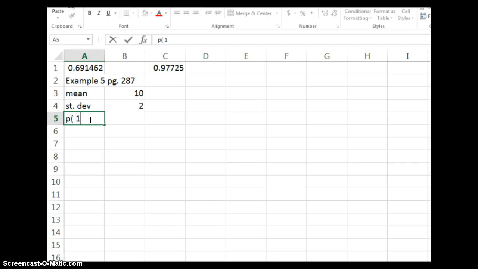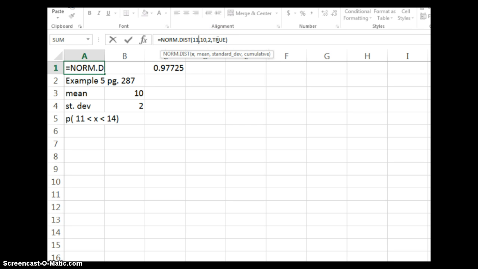Probability that x is in between 11 and 14. To figure out for 11, you use normal distribution: 11, type in the number, and then the mean, then the standard deviation, and then true.